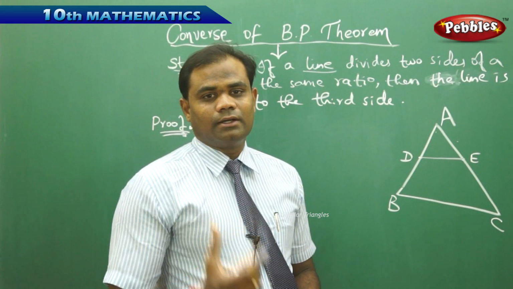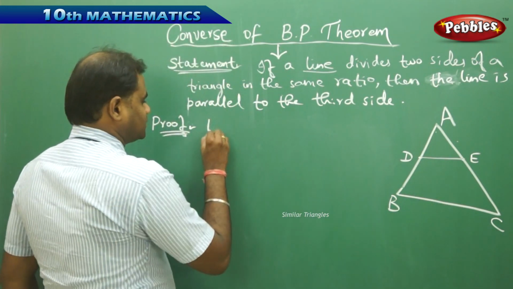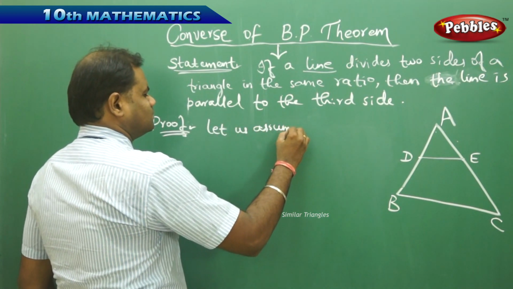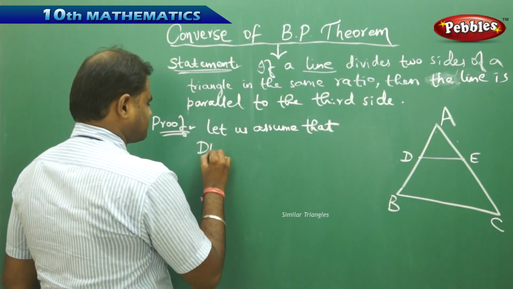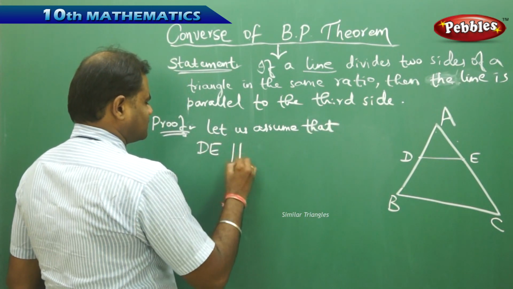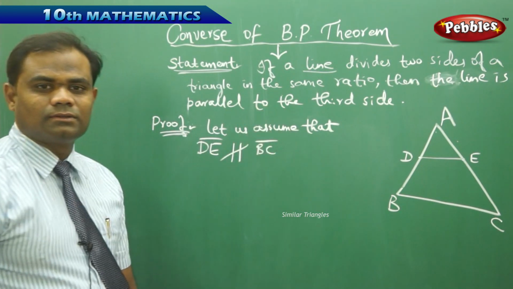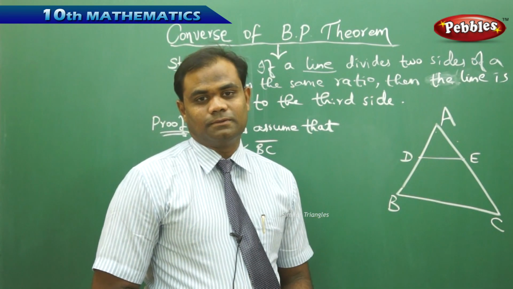We go in assuming that it is not parallel. Let us assume that DE is not parallel to BC. That is, the line DE is not parallel to BC.